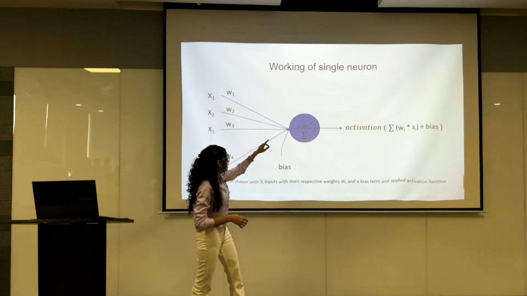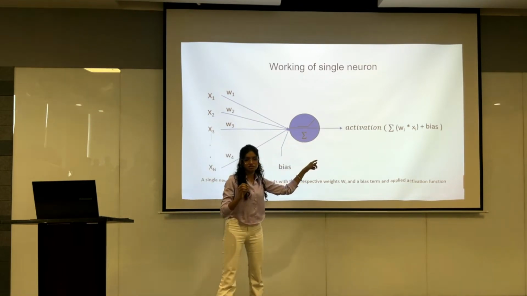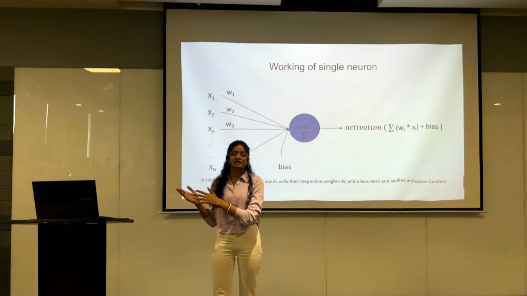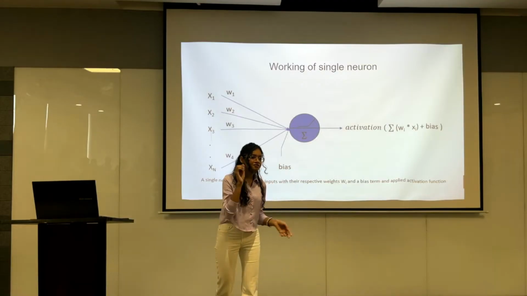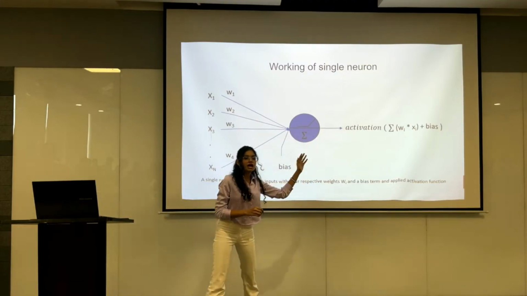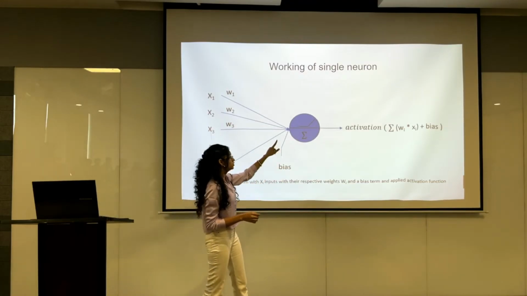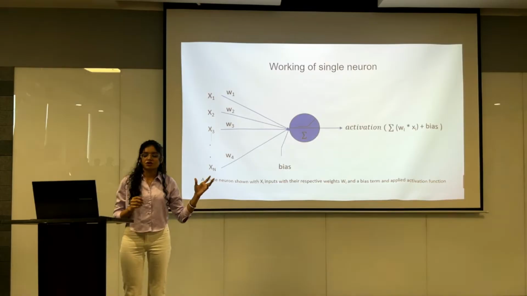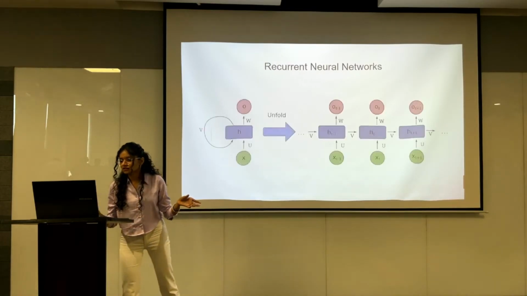So for example, if here I got 0.6 and the threshold was set to 0.5, and 0.6 is greater than 0.5, it will be 1. So it will be on and the data will be passed on. Otherwise, if it is less, it will be 0, and nothing will be passed on. Okay, so this is how a single neuron works.